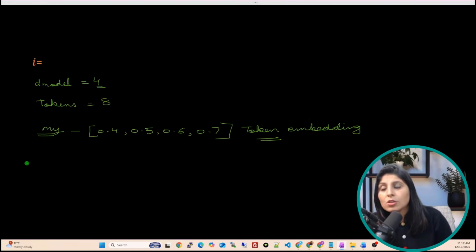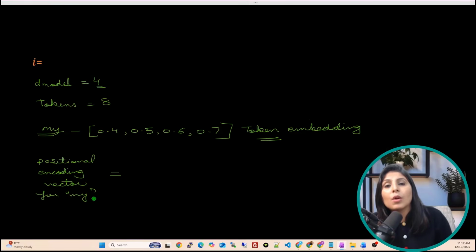Now let's talk about the positional encoding. We want to create the positional encoding vector for this "my" token. For that, you will also have 4 values. Let's say initially the values are 0.0, 0.1, 0.2 and 0.3.